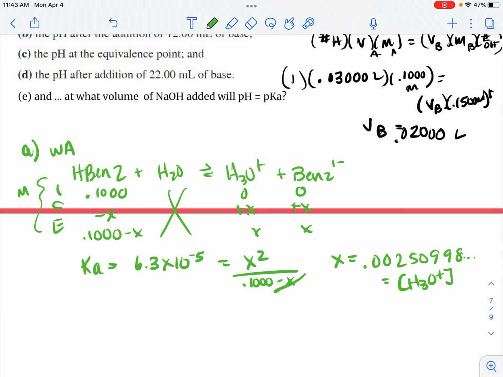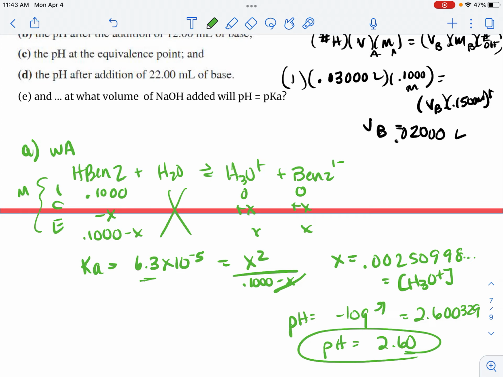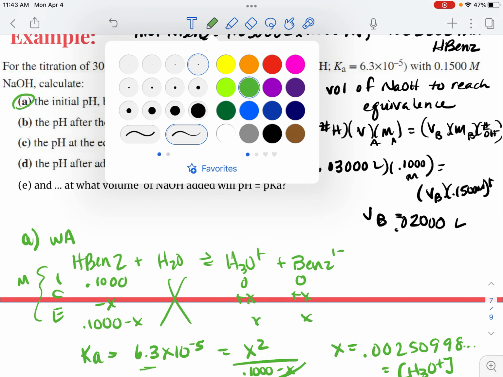Okay, so at that point then, now I can take the negative log of that to find pH. And that would be 2.600329. I have 2 significant figures from my Ka. So pH equals 2.60. Remember, those are my sig figs. Okay, so that was the beginning before I started.